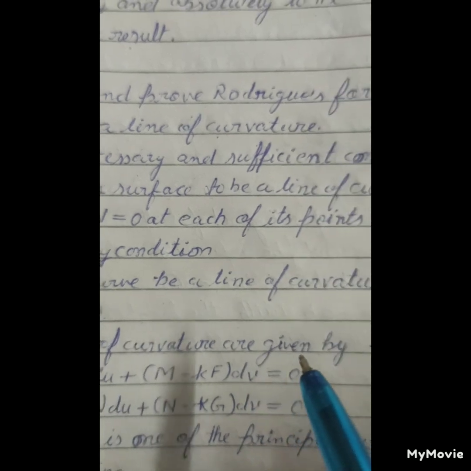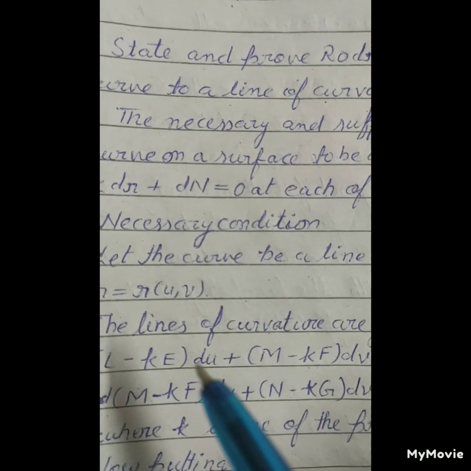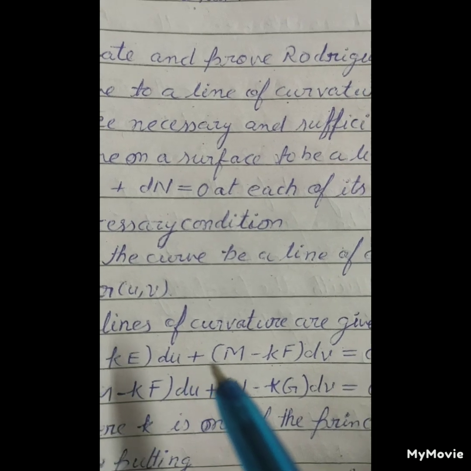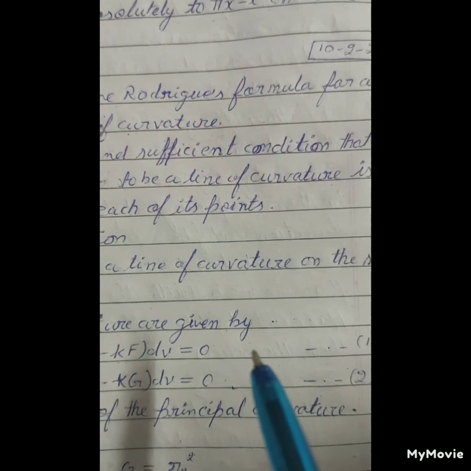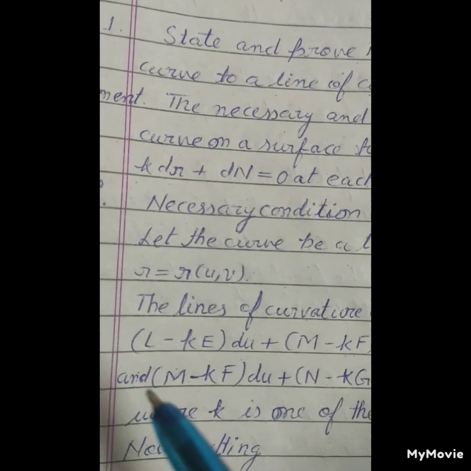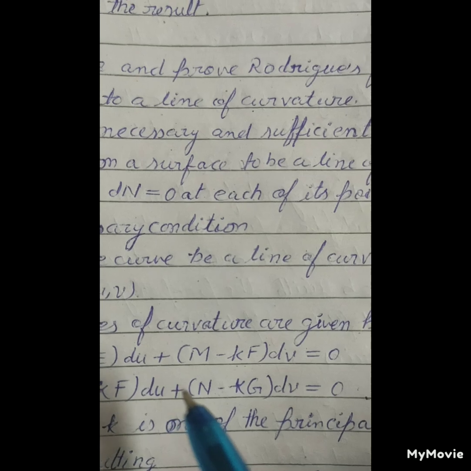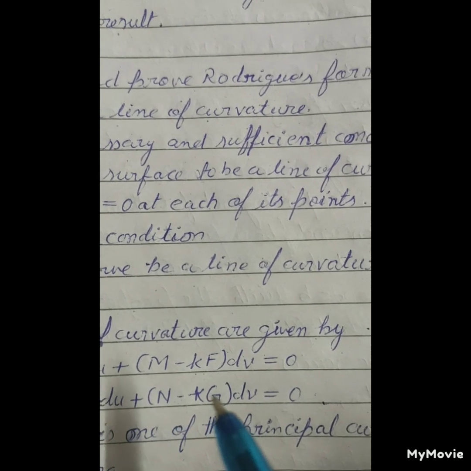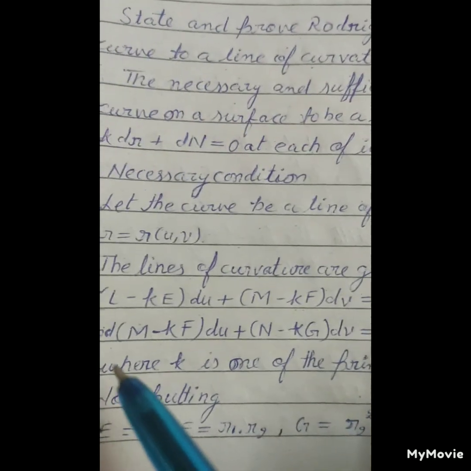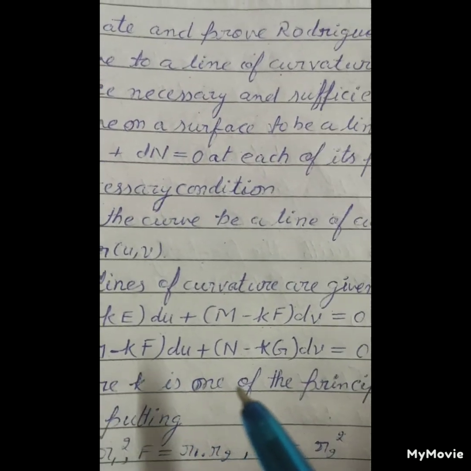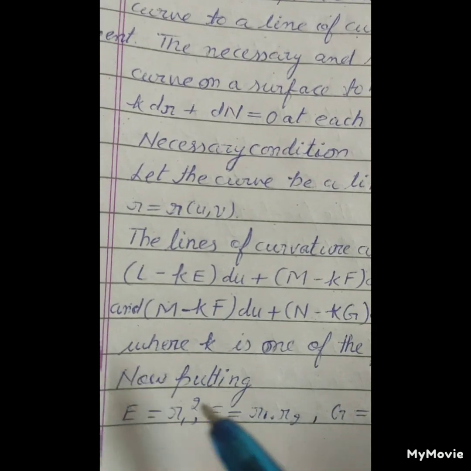The lines of curvature are given by (L minus KE) du plus (M minus KF) dv equals 0, equation 1, and (M minus KF) du plus (N minus KG) dv equals 0, equation 2, where K is one of the principal curvatures.